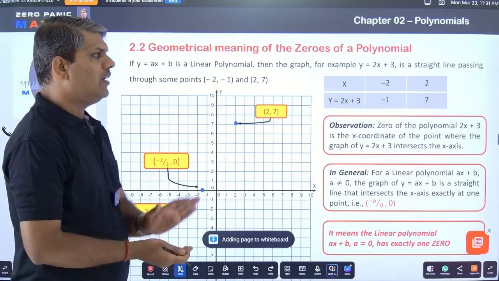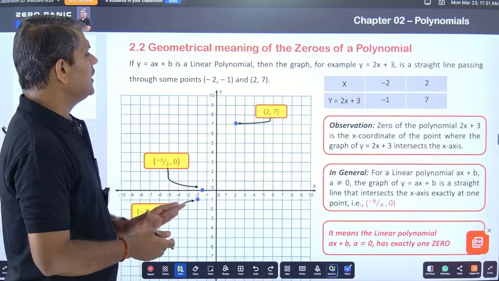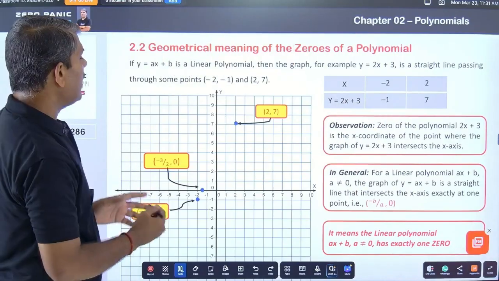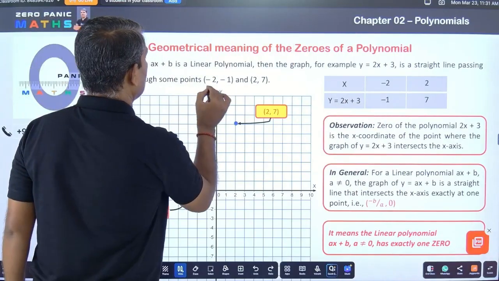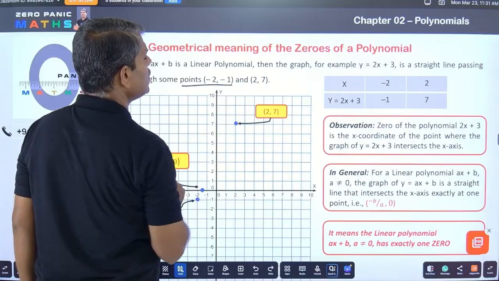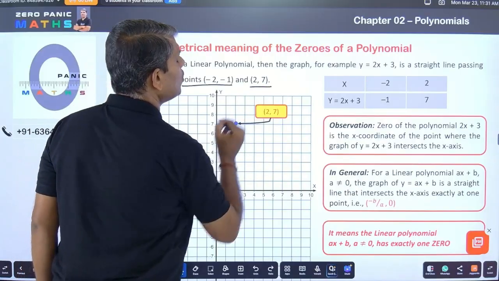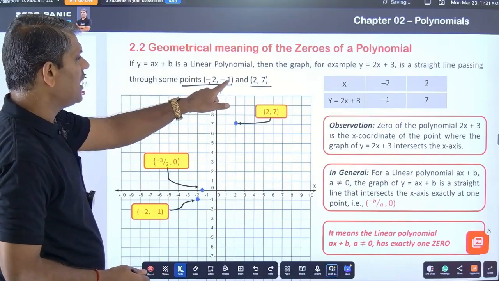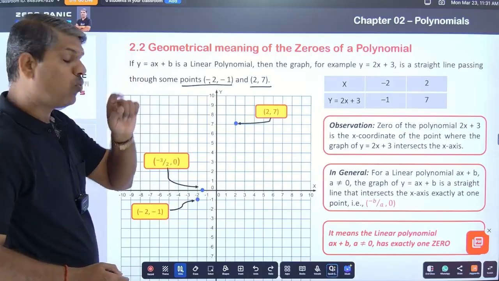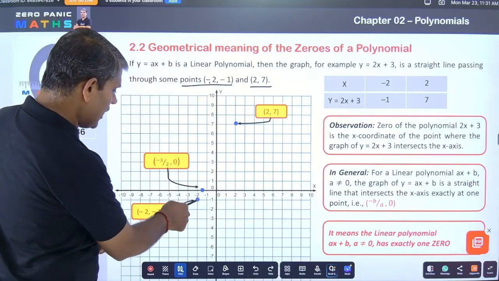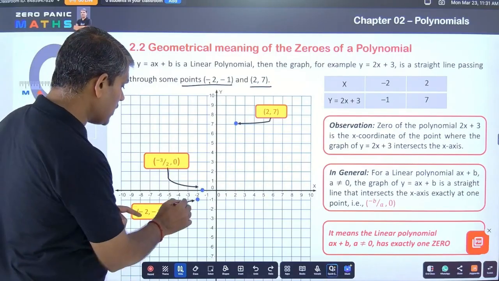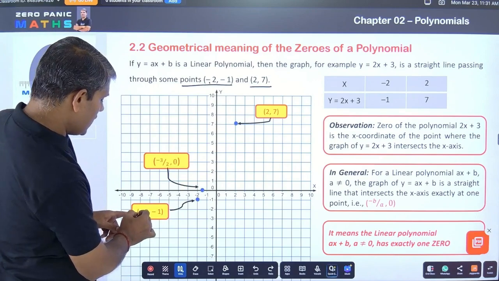Now here you can observe that I am plotting a graph for the given table. Let us point out the points minus 2, minus 1 and 2, 7 on this graph. Minus 2 is the value on the x-axis and minus 1 is the value on the y-axis. Remember, so this is that point, minus 2, minus 1.